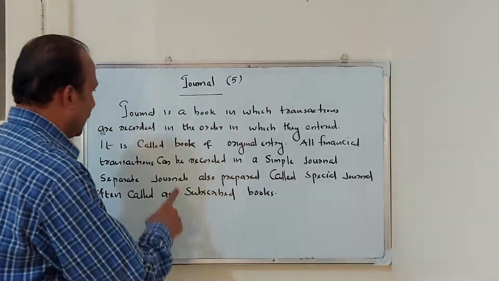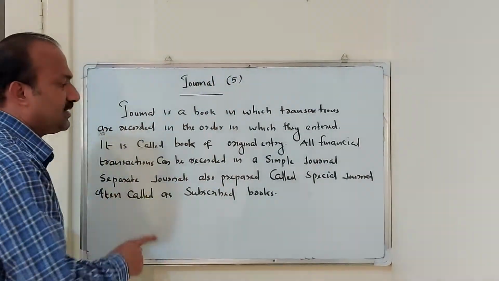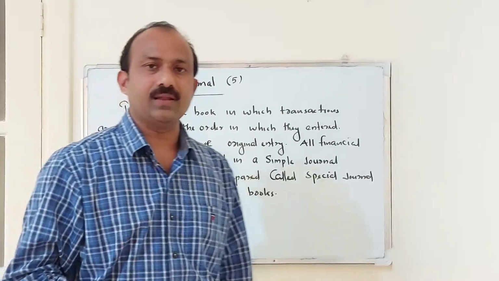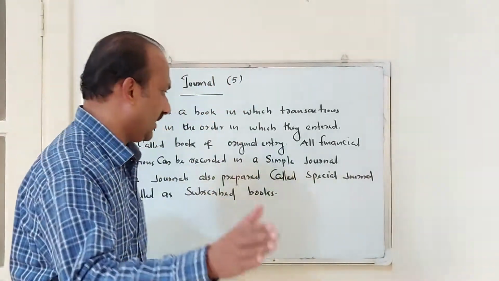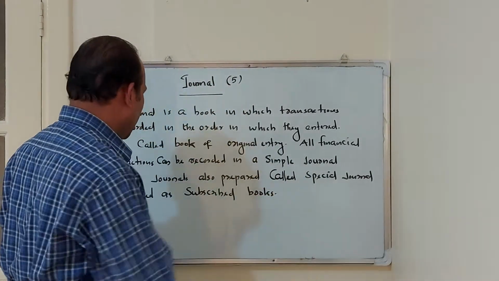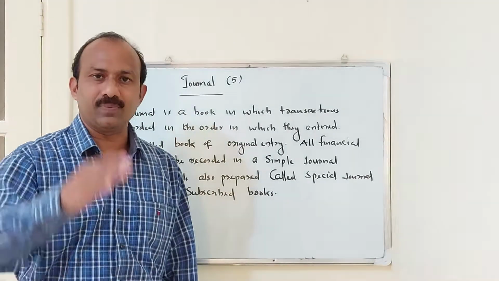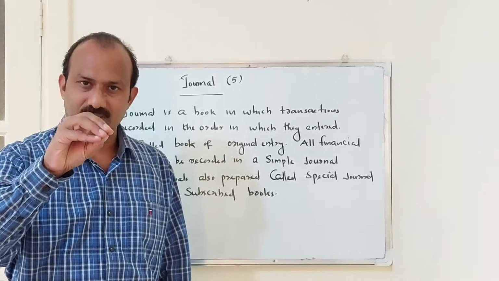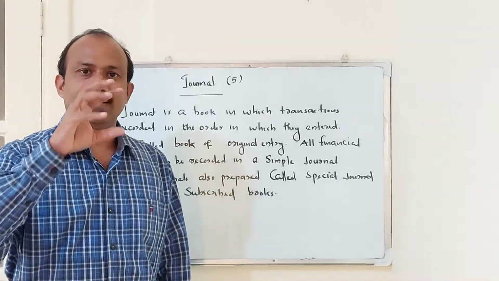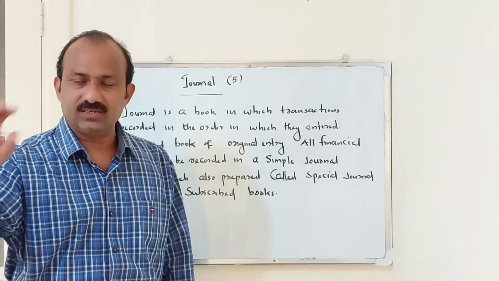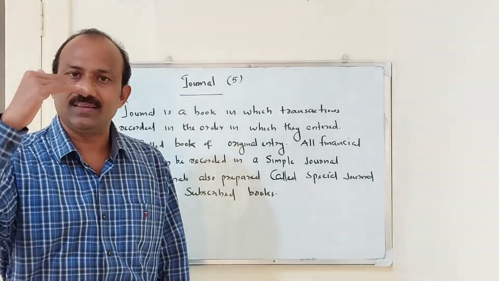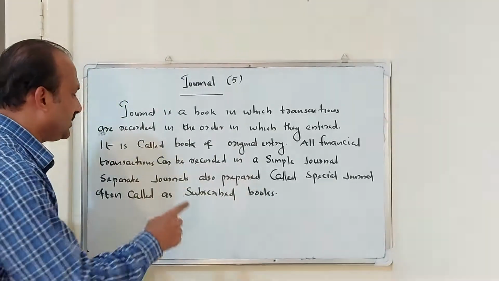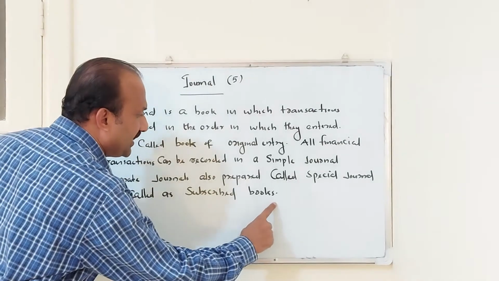But if you want, separate journals can also be prepared, called special journals. For example, for credit purchases, credit sales, sales returns, and purchase returns, you can prepare separate subsidiary books.